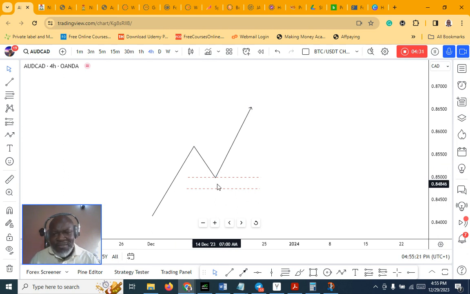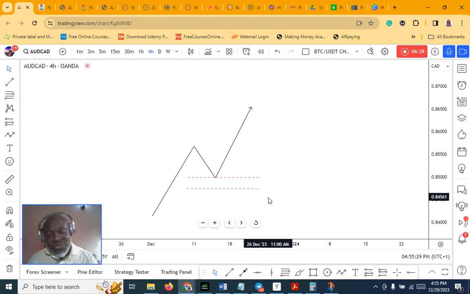And the two important numbers that we configure the retracement tool to show are the 50% level and the 61.8 level. I'm going to show you practically how this is done, so don't worry.